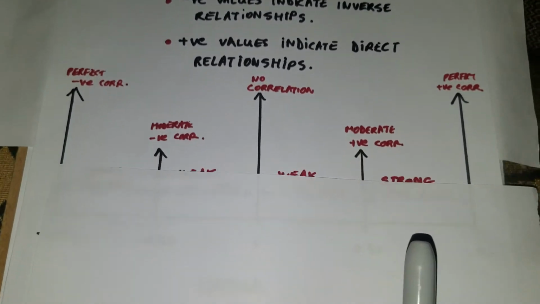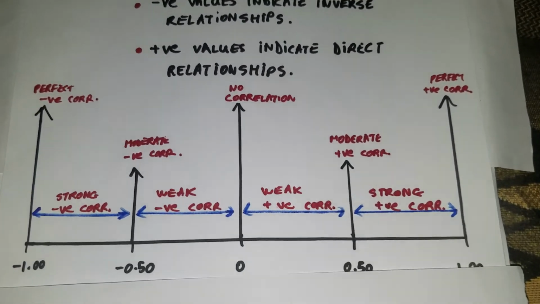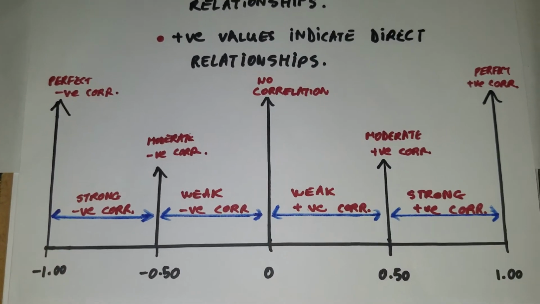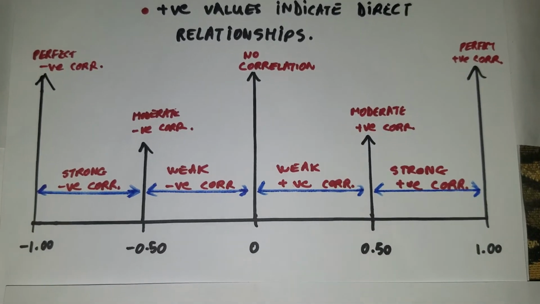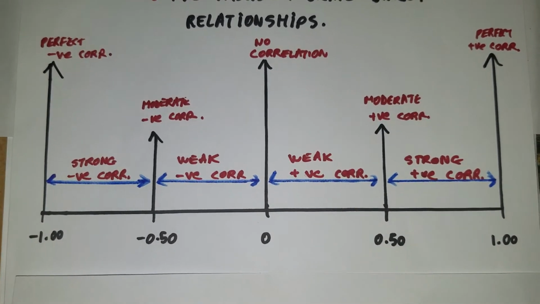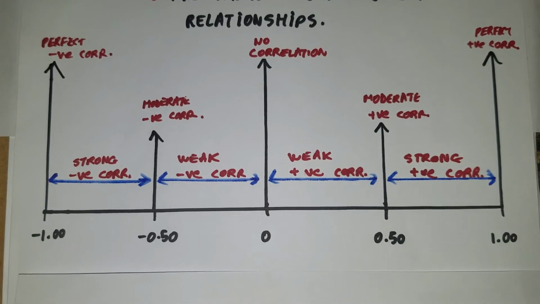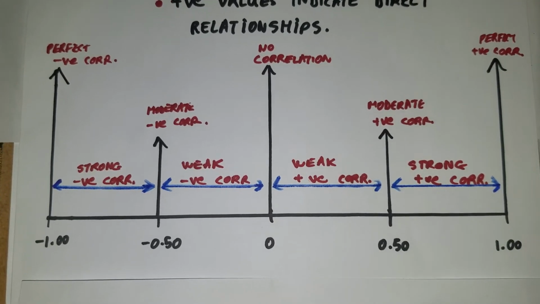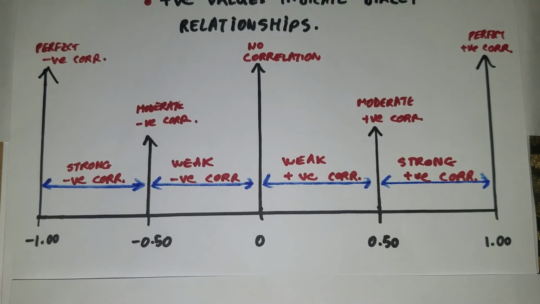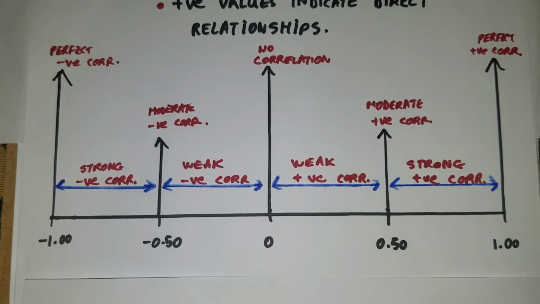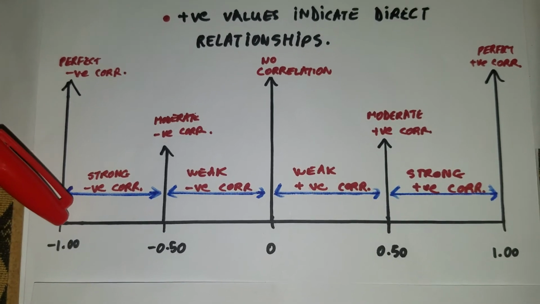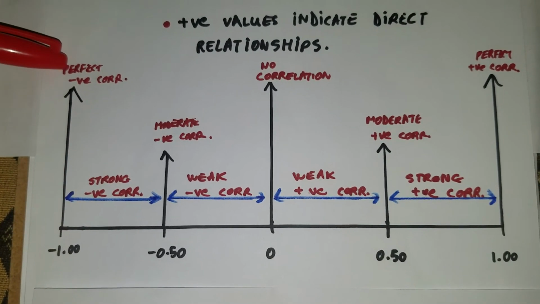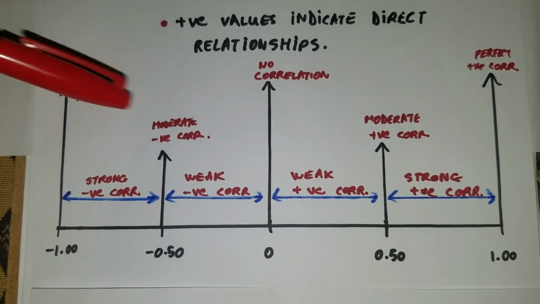Now, here's a little chart that I saw once, and it is fairly accurate, and we can use this chart to comment on or make any form of interpretation of our correlation coefficients. Now, as we can see here, values of -1 indicate perfect negative correlation.